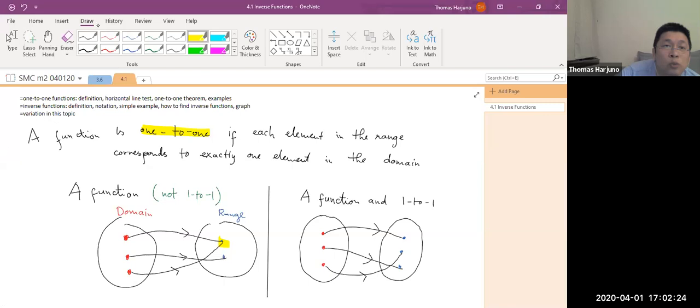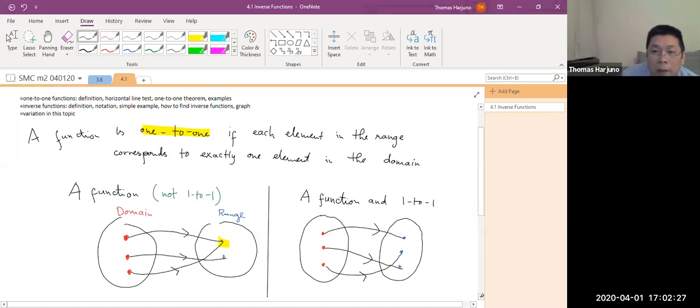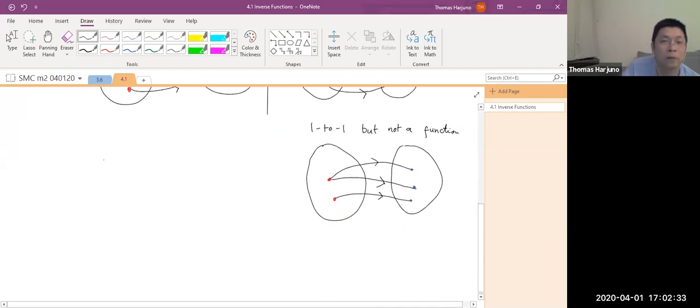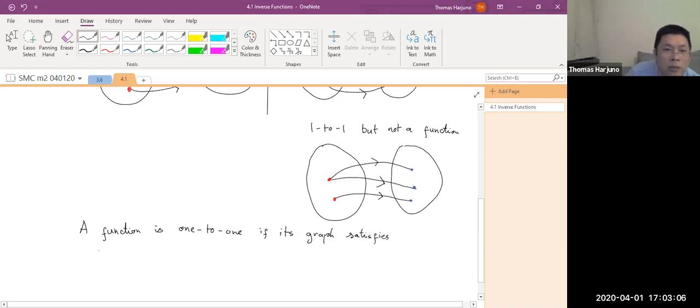Now, if a function is one-to-one, how do we see that graphically? A function is one-to-one if its graph satisfies the horizontal line test.